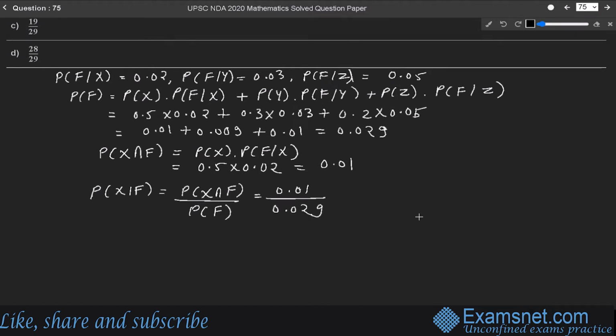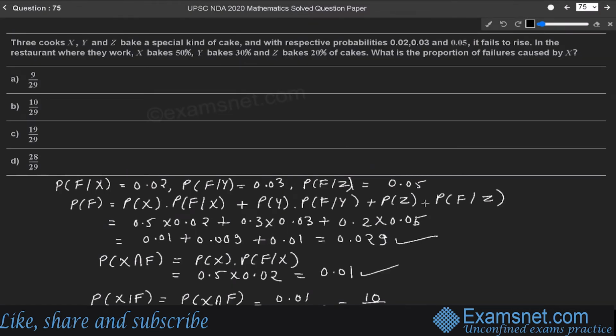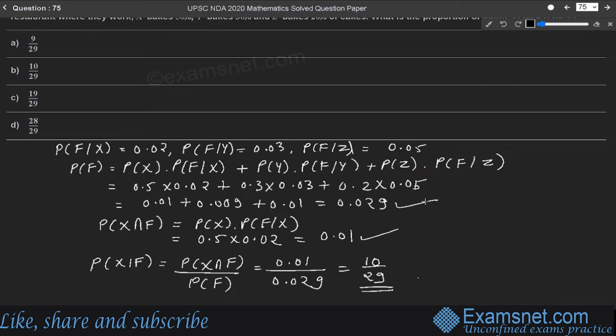We have already found the value for P of F and P of X intersection F. So it will be 10 by 29. So this is the required proportion of failures caused by X. So the correct answer for this question is option number B, which is 10 by 29.